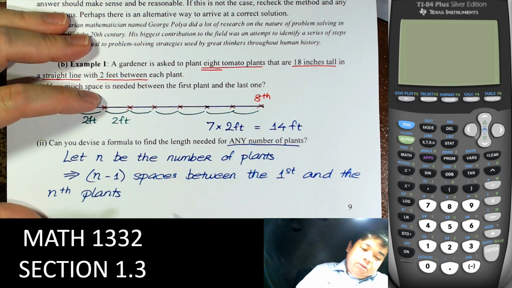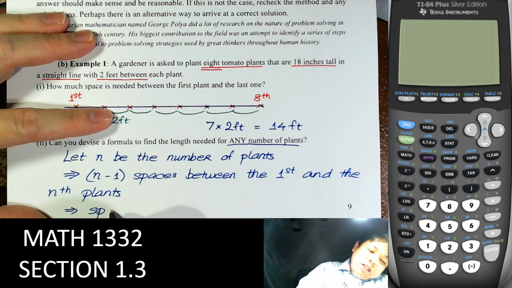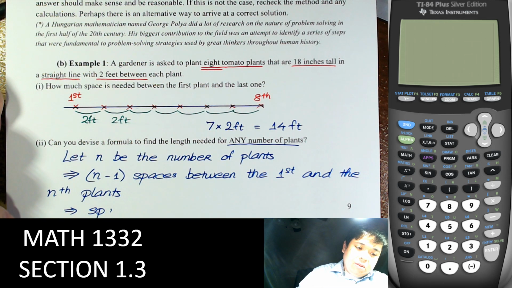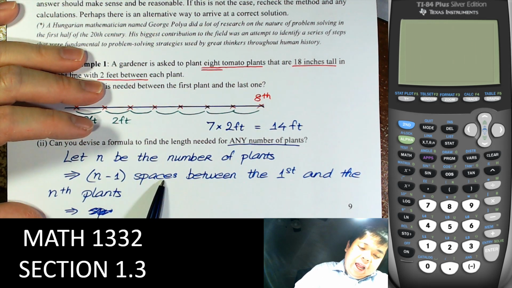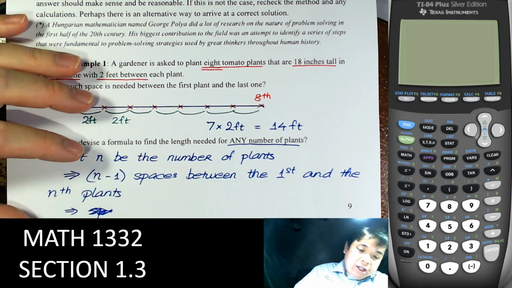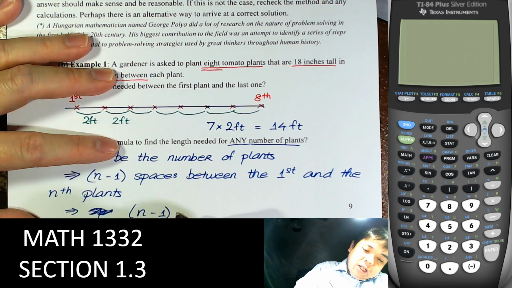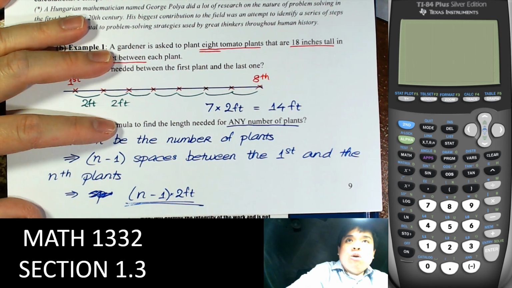So the space between the first and last, where each space takes 2 feet, the total is n minus 1 times 2 feet. So that is the general formula for it.